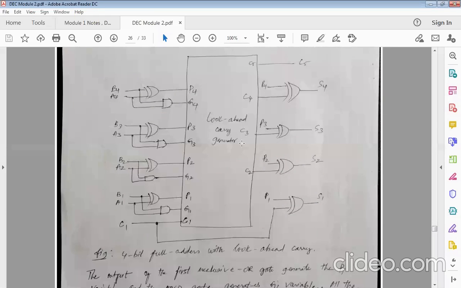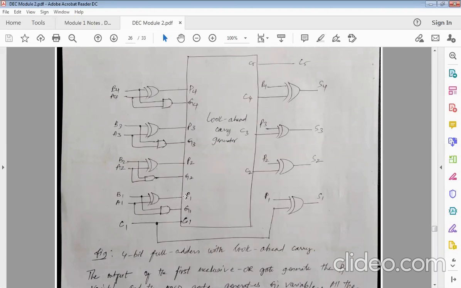So typically, this is how an IC is manufactured, and this is how it is inside. I will have all these inputs: A, B, C. A first stage, second stage, third stage, and fourth stage. So A1, B1, A2, B2, A3, B3, A4, B4, all my inputs here.